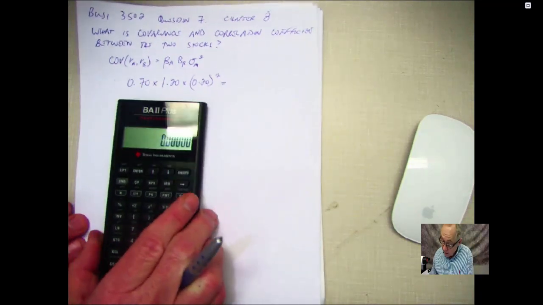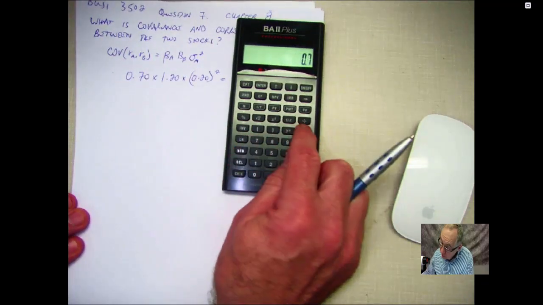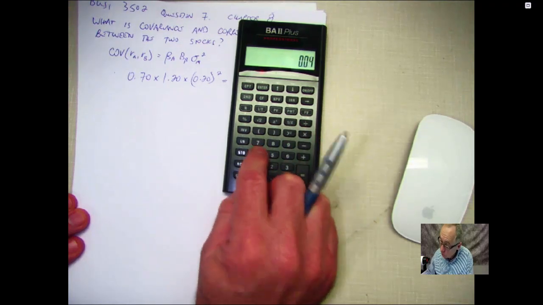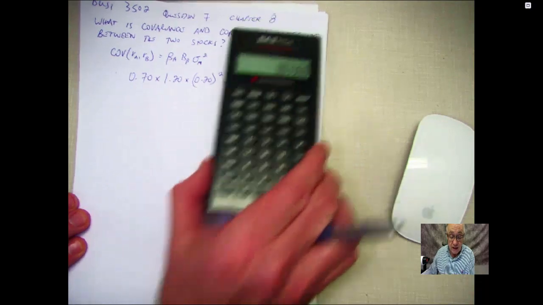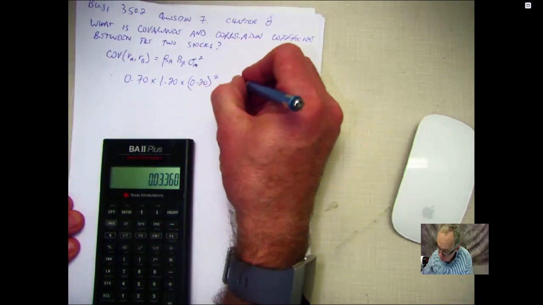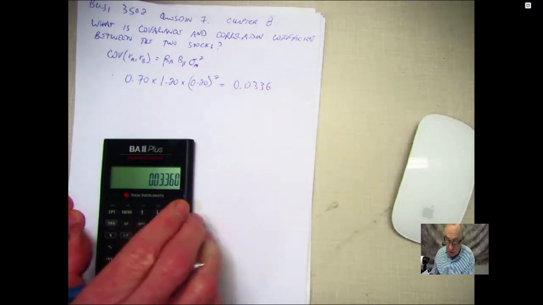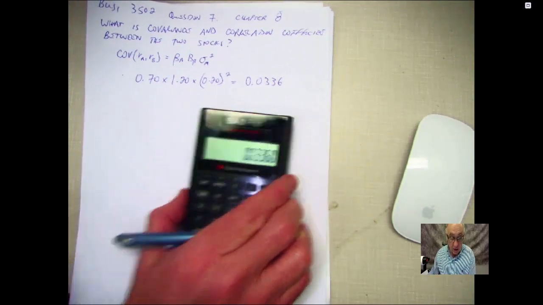So that solves to 0.7 times 1.2 times 0.04, which gives us 0.0336 as the covariance between stocks A and B.